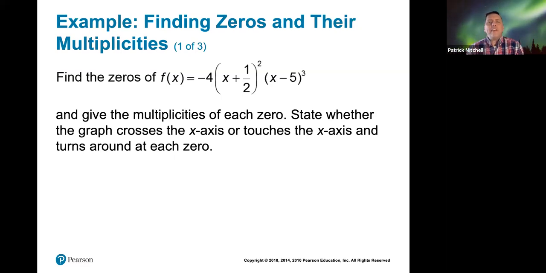Find the zeros and give the multiplicity of each 0, and then state whether the graph crosses the x-axis or touches the x-axis and turns around, or I like to say bounces. All right, so take a second and think about that.